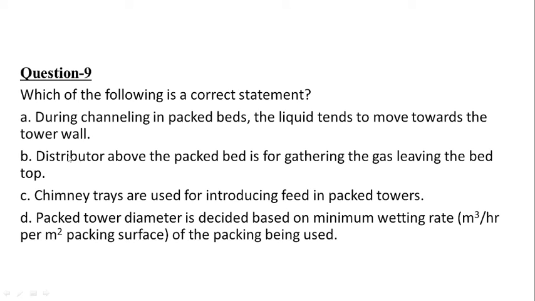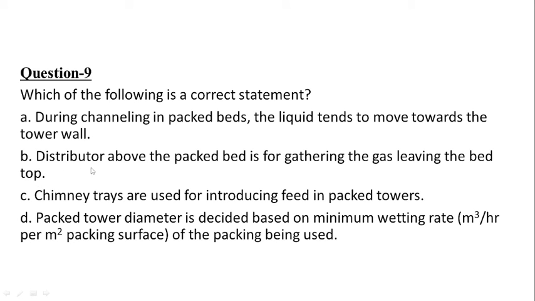Option A, let's see. During channeling in packed bed, the liquid tends to move towards the tower wall. It's a correct option. During channeling, the liquid tends to move towards tower wall. Distributor above the packed bed is for gathering the gas leaving the bed top.